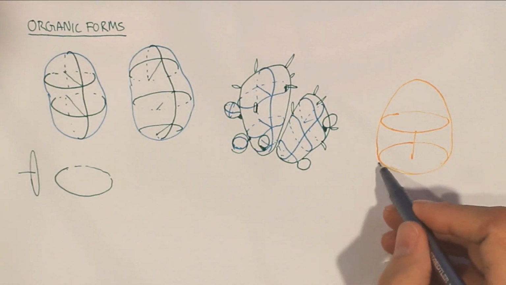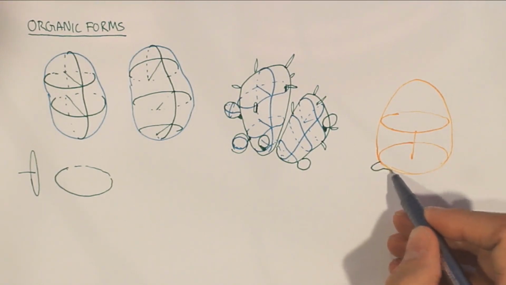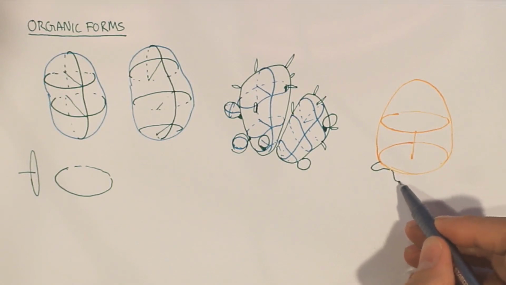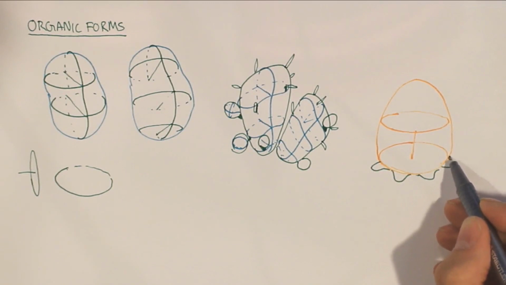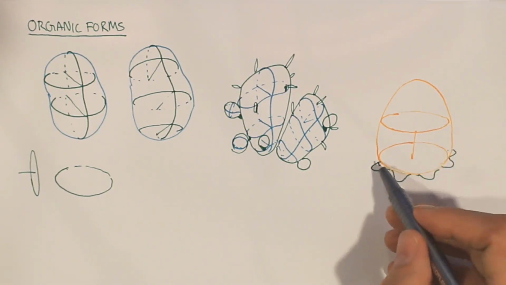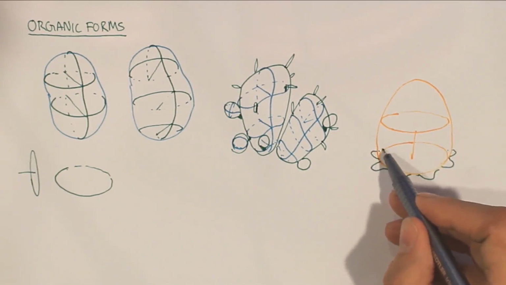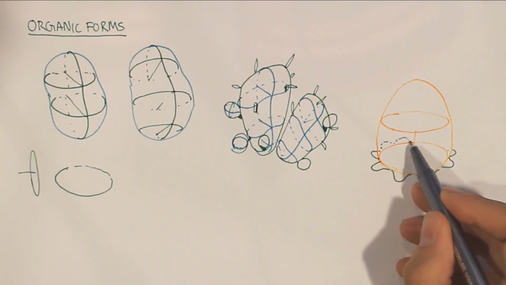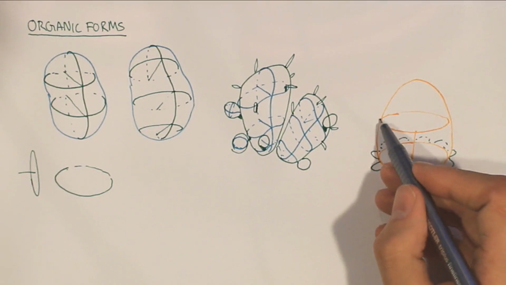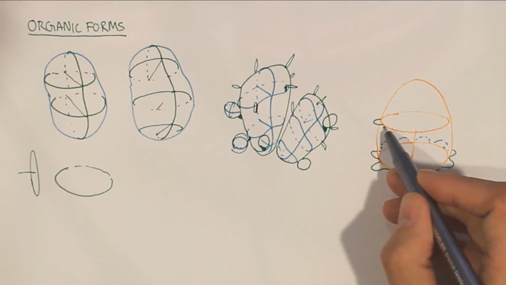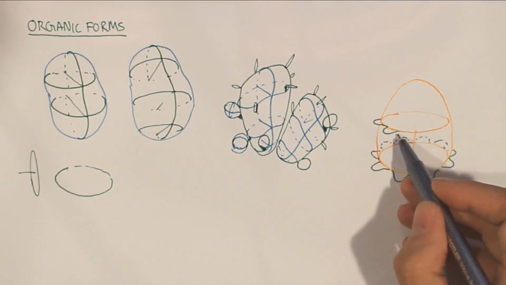Now what I'm going to do is add to this bottom ellipse. So imagine we're placing a flat shape on the ground plane. Just adding to this cross section. Do the same thing up here.